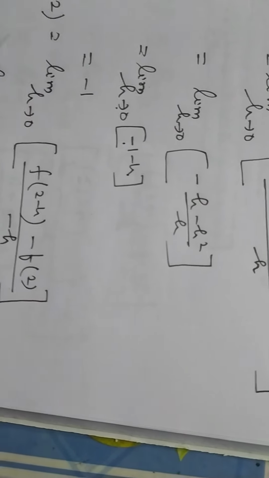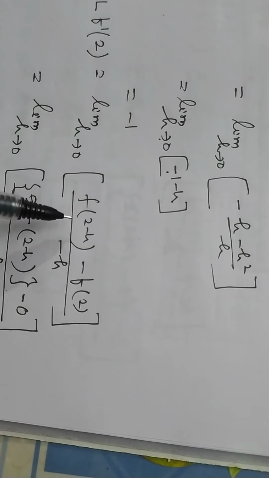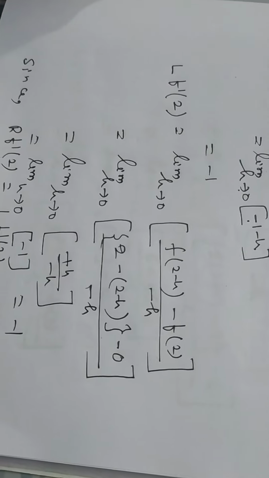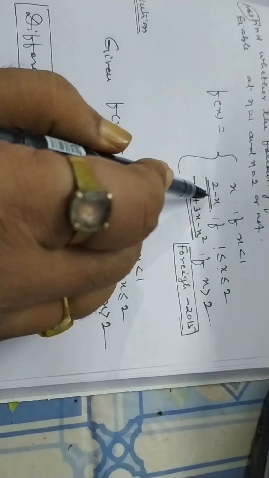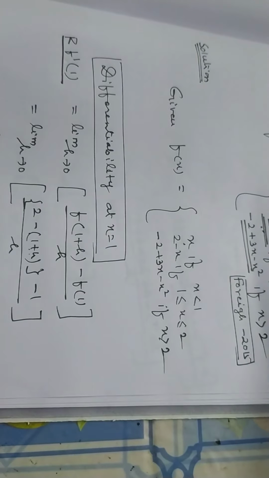Similarly, for the left hand side derivative at point 2, we have (f(2 - h) - f(2))/(-h). And when x is less than 2, we have the value of the function f(x) = 2 - x.